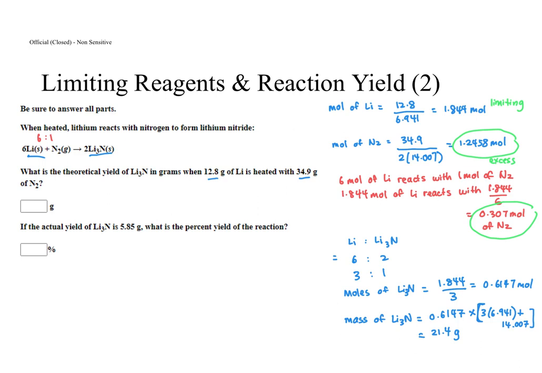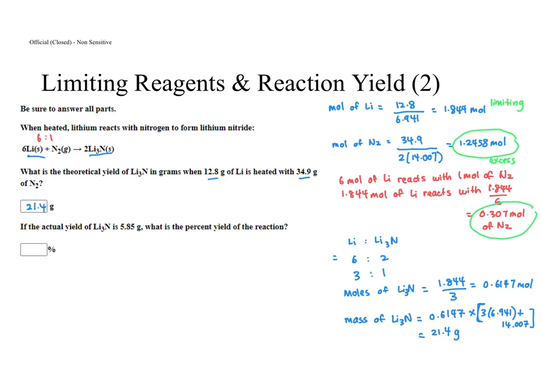Your answer may be slightly different from mine depending on how you rounded off your answers, but a little bit of deviation due to rounding is fine. So let's put that in. Mass of lithium nitride is 21.4 grams.